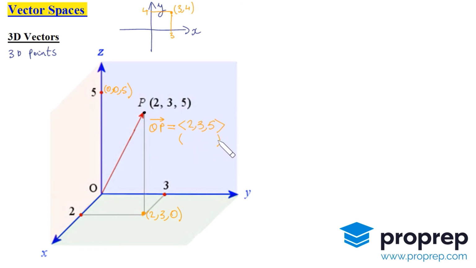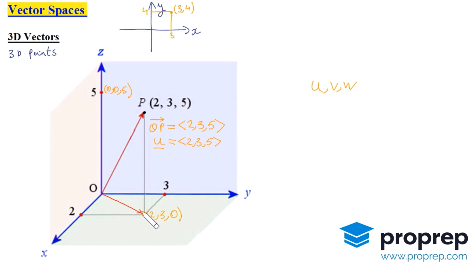And sometimes we just want to give a single letter name, a variable name, to a vector, and typical letters would be U, V, W, just like variables are X, Y, Z, and constants are A, B, C. So I could say, in this case, that U is the vector ⟨2, 3, 5⟩, and it's customary to put a line underneath. And let's take another example. Draw the line from the origin to that point and put a little arrow at the end.